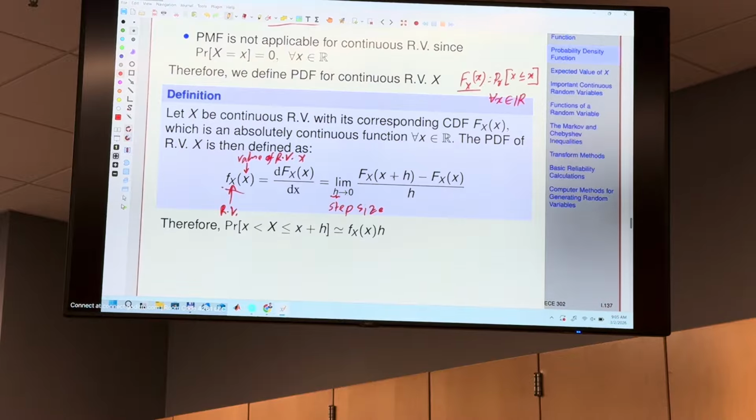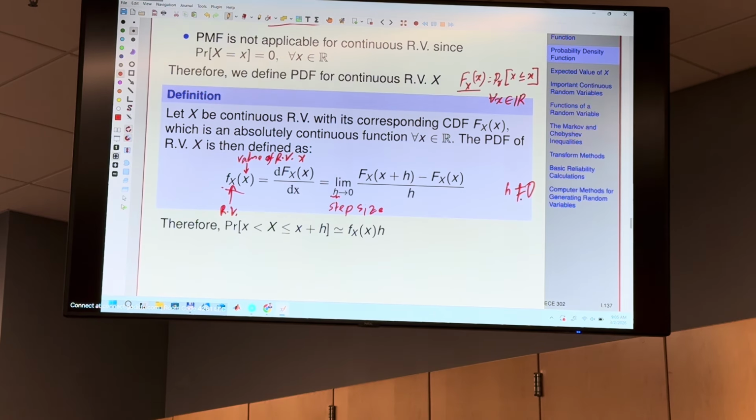F of x plus h minus F of x, over h. In reality, practically, h cannot be 0. H tends to 0, but h is not 0. Practically, we will have some value of h. This is the step size.